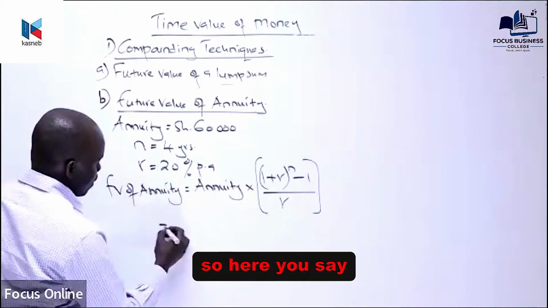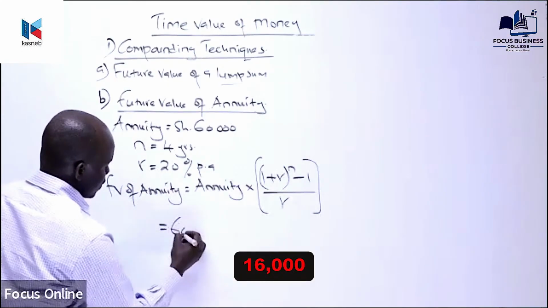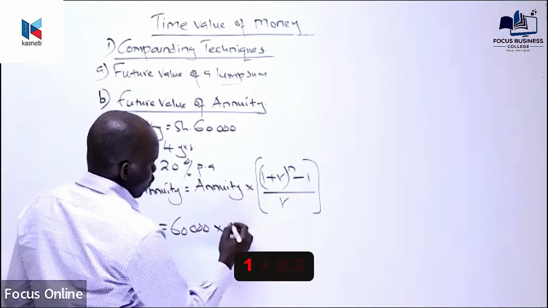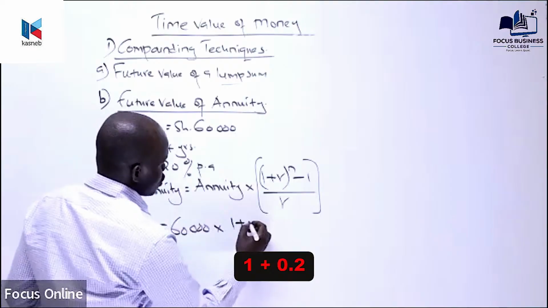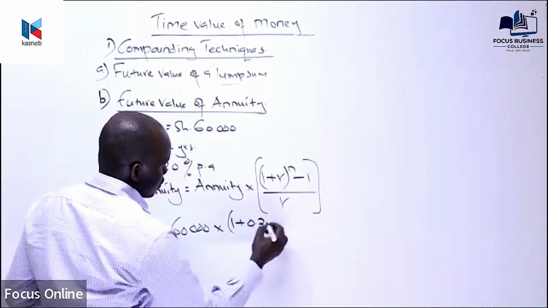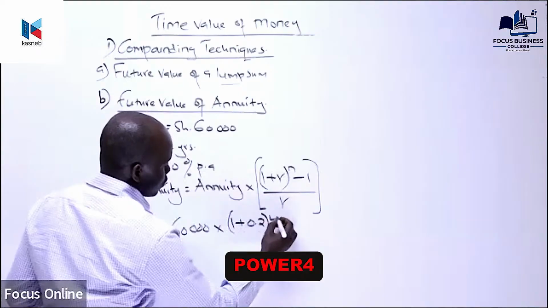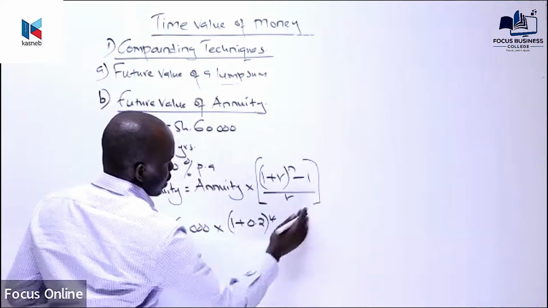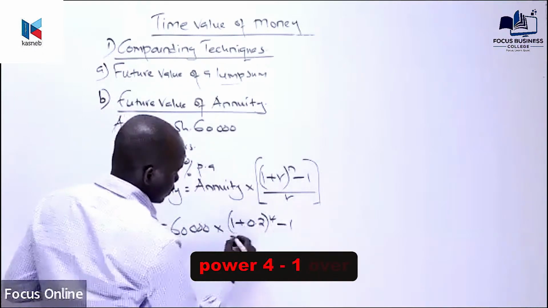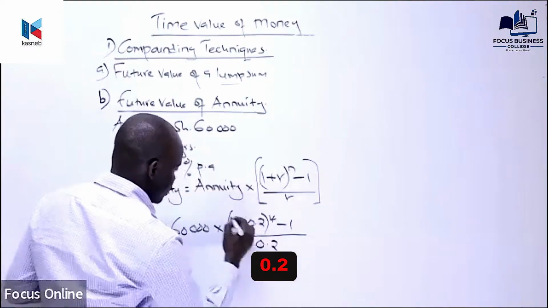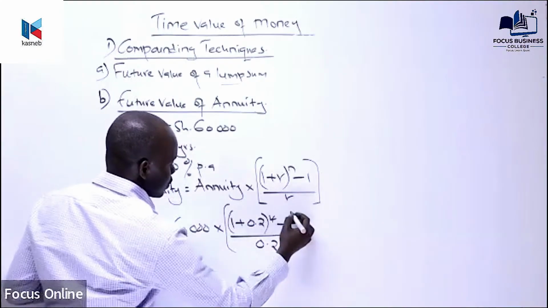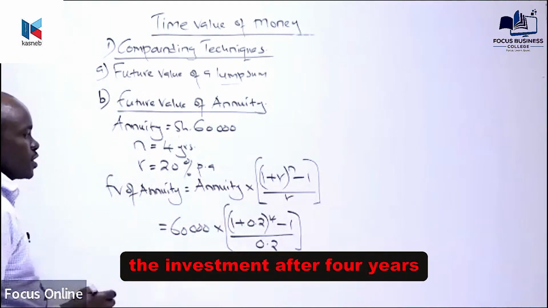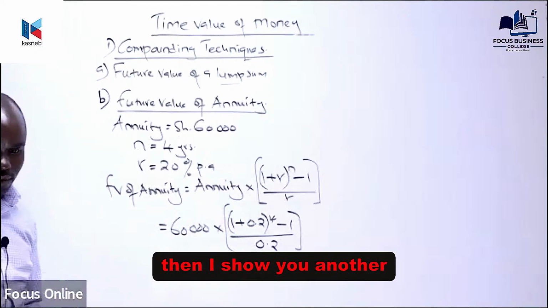So here you say 60,000 times 1 plus 0.2 power 4 minus 1 over 0.2. So get the value of the investment after 4 years. Then I show you another way of doing it.